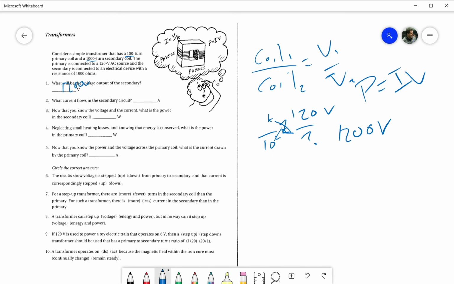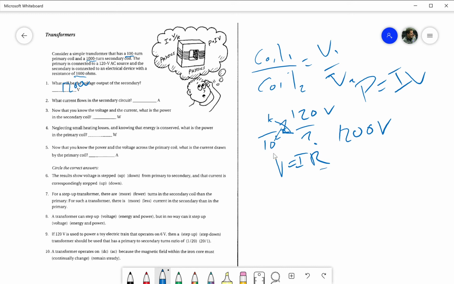Now, what's the current flowing in the secondary circuit? We look at the secondary circuit and we see that we have 1000 ohms. So we're going to use Ohm's law, V equals IR. In the secondary, we just figured out the voltage is 1200, and we were given the secondary resistance of 1,000 ohms.